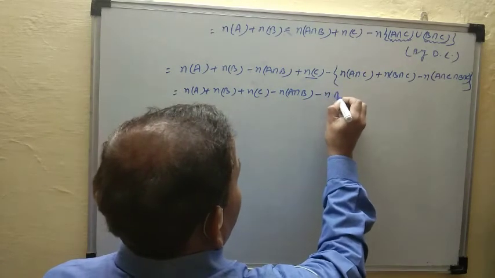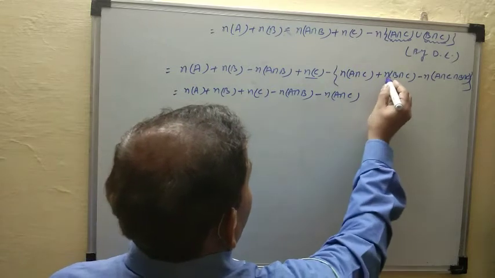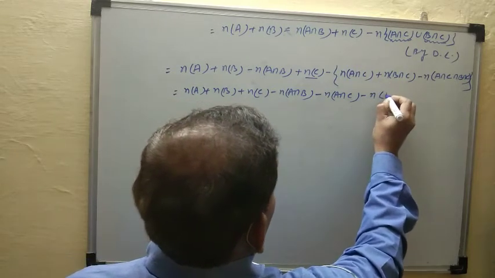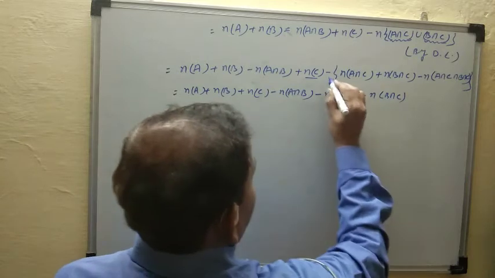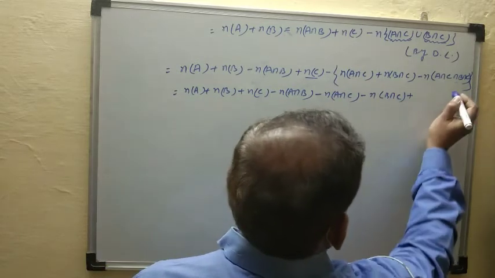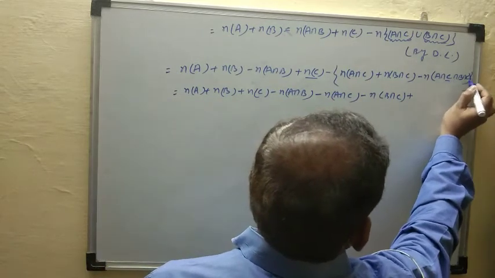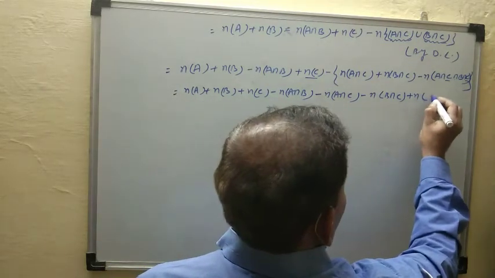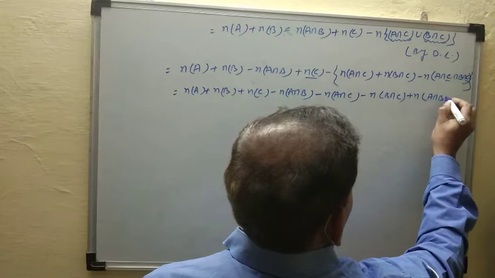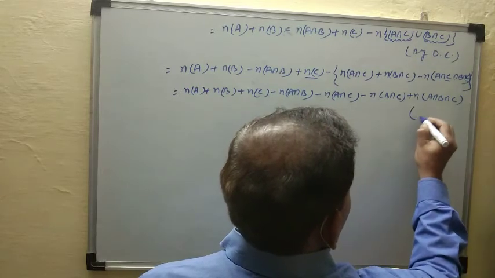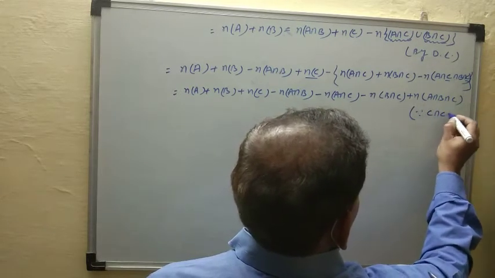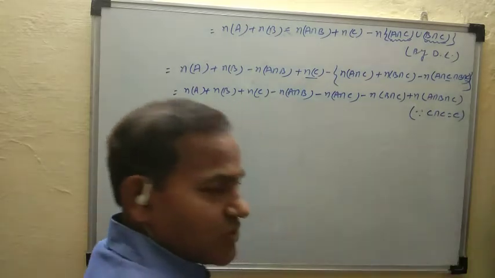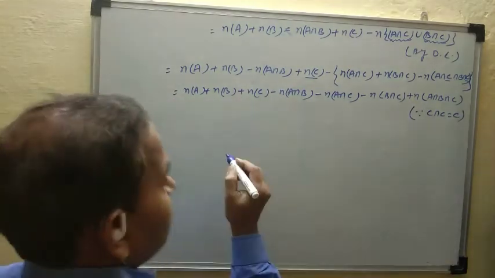So minus number of A intersection C, then plus, minus minus number of B intersection C, and minus minus plus. Here C intersection C is equal to C, so this can be written as number of A intersection B intersection C.